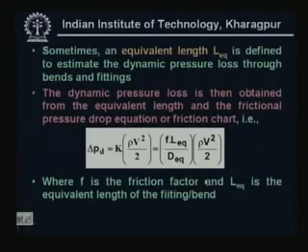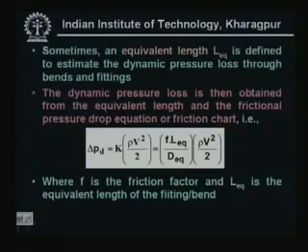And sometimes an equivalent length, L subscript EQ, is defined to estimate the dynamic pressure loss through bends and fittings. That means if you have, let us say, a 90-degree bend, it is equated to the pressure loss that takes place in a straight duct of the same diameter but with an equivalent length. For example, I say that one 90-degree bend is equal to 20 meters of straight duct.